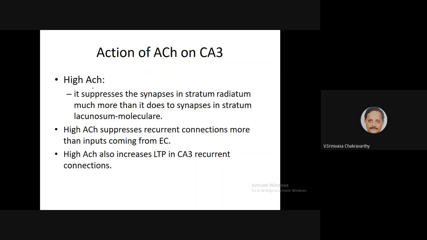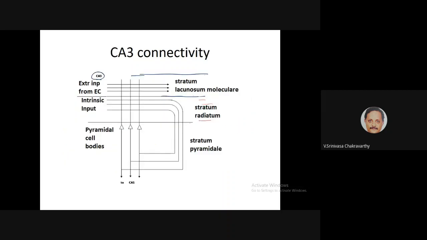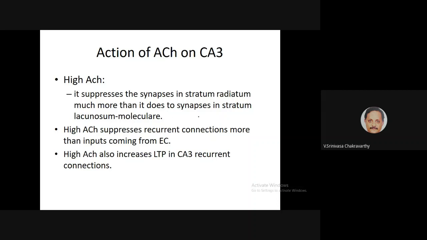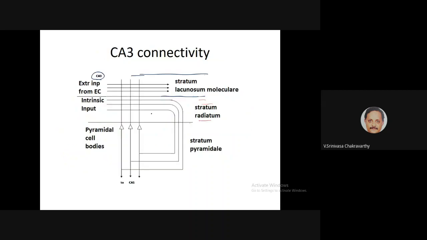So when you have high ACH, it suppresses synapses in stratum radiatum, that is this part, more than it does synapses in stratum lacunosum moleculare, which means it decreases B and increases A, which is what we want. That kind of differential action seems possible because of this nice segregation of synapses corresponding to lateral connections and synapses corresponding to external inputs.